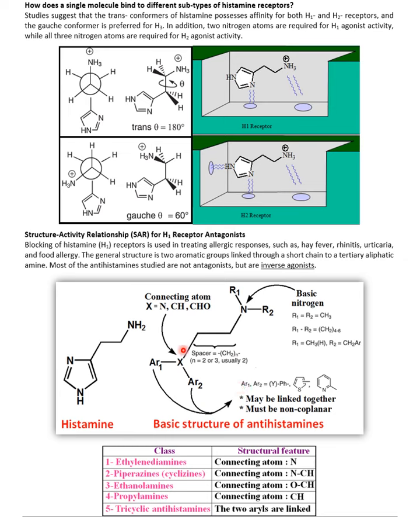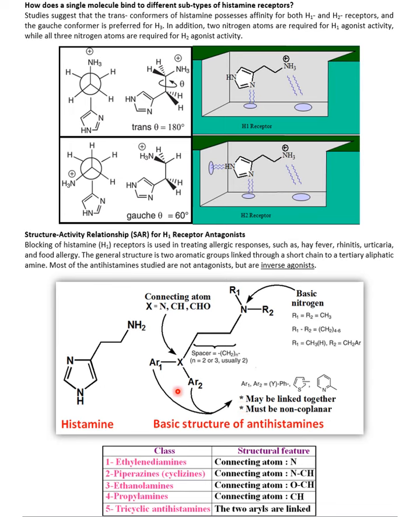The general structure for the antihistamine is basically composed of two aromatic groups connected through a link to a tertiary amine. Now these aromatic groups could be a phenyl group, a thienyl group, or a pyridyl group, and they can be linked together.